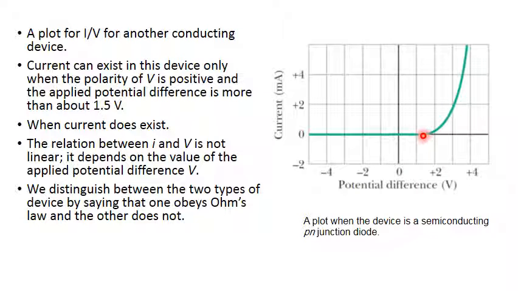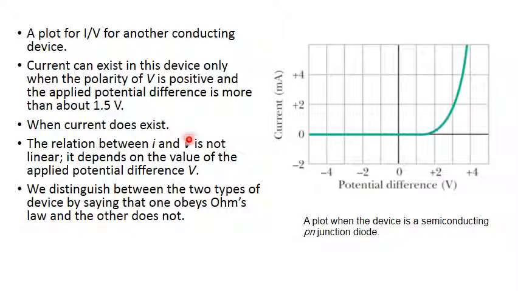After 1 volt, some current starts. When the current does exist, the relation between I and V is not linear. This is a non-linear relation. Linear is something like a line. It depends on the value of the applied potential difference. If it is non-linear, it depends on the value of V.